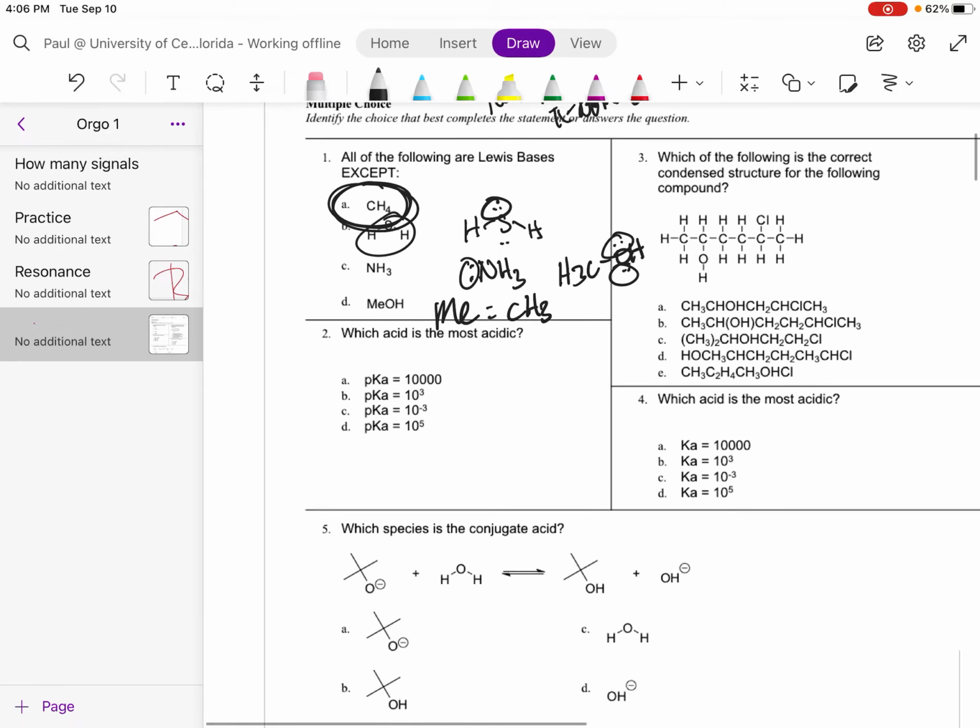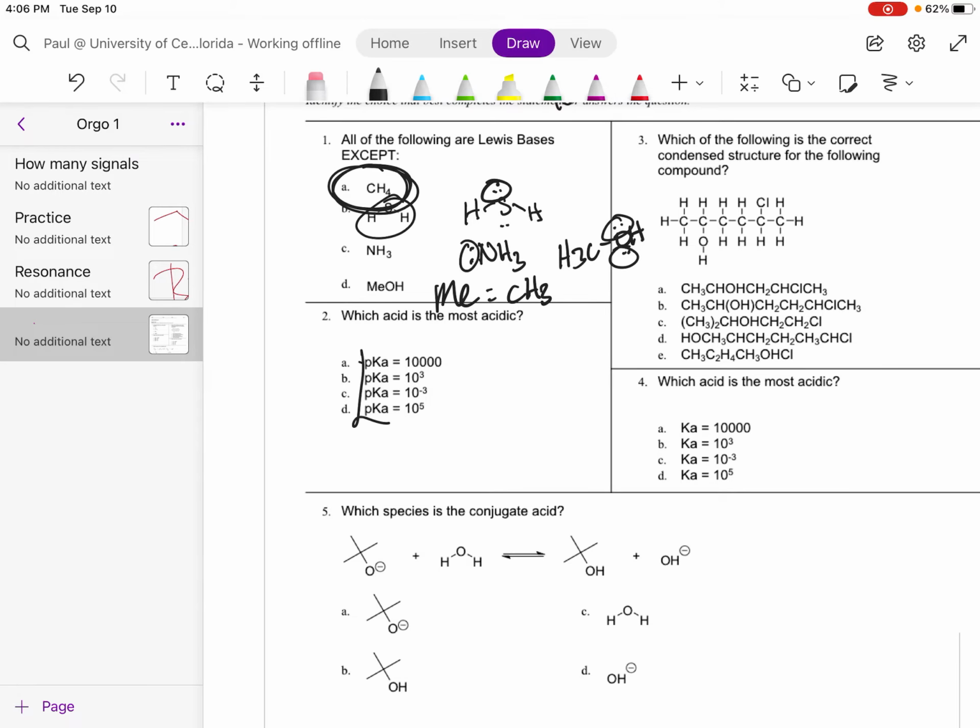Which is the most acidic? We can see all the answer choices are in terms of pKa, and we have learned that the smallest pKa is going to be the most acidic. So that one right there, that's 10,000.